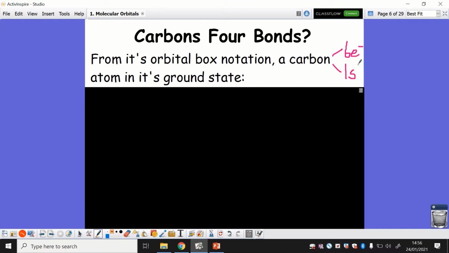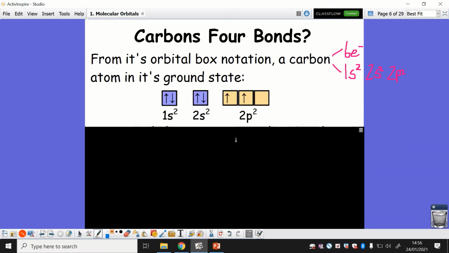Those electrons would fill 1s2, 2s2, 2p2. And your orbital box notation would look a little bit like that.